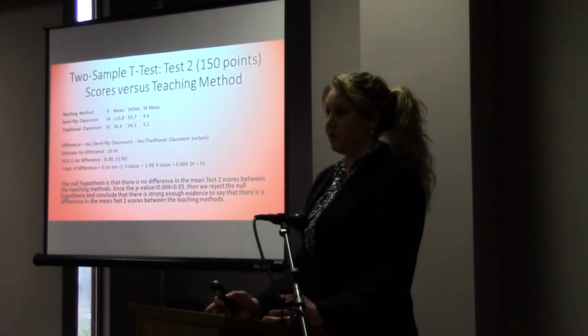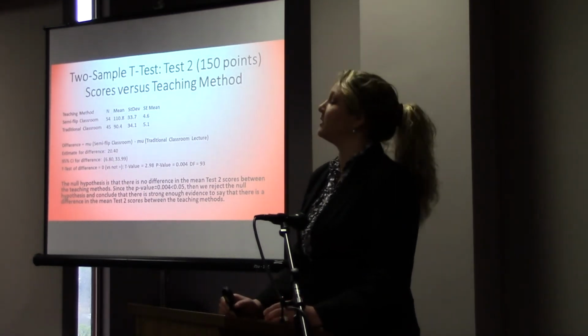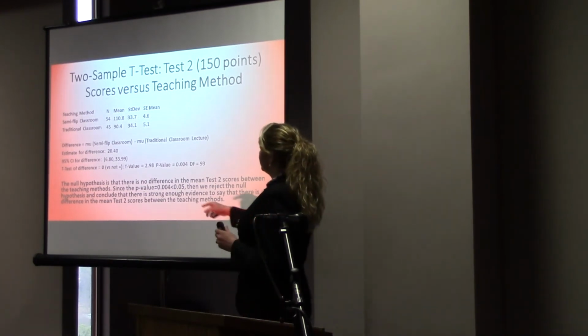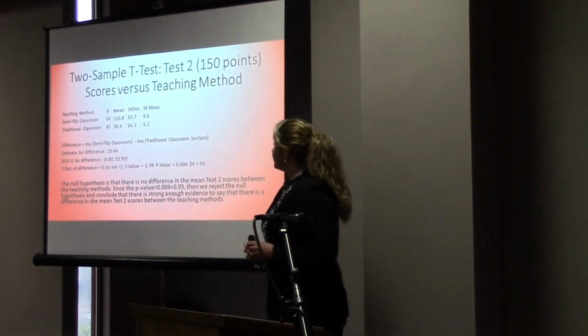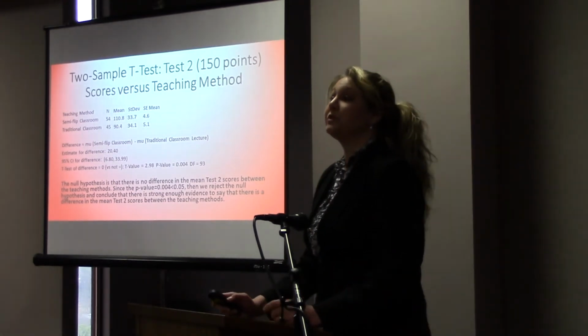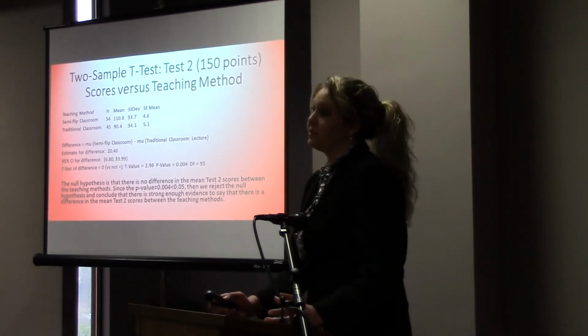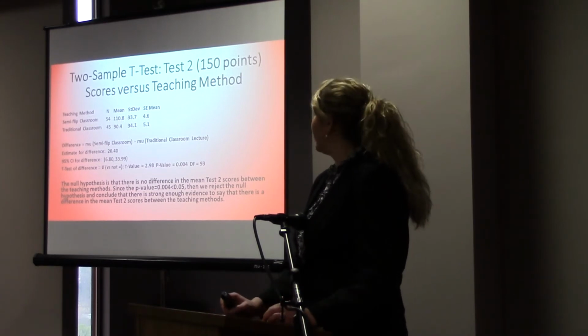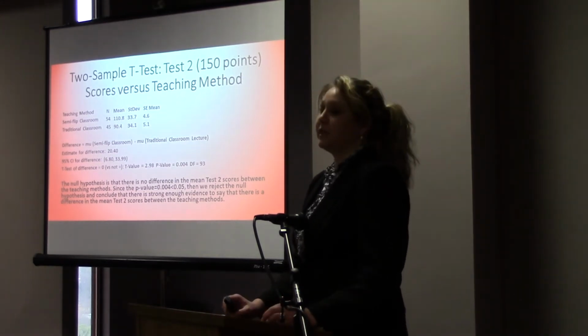Again, the null hypothesis initially is that there is no difference. And then when we look at our p-value, for this output we have 0.004, which is obviously less than 0.05. We're using 0.05 because we have a 95% confidence interval. So it has to be less than 0.05 for us to reject our null.